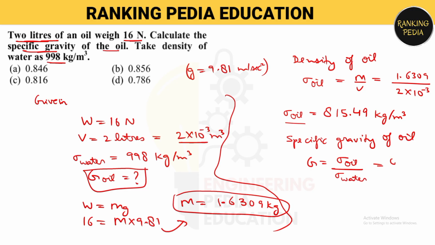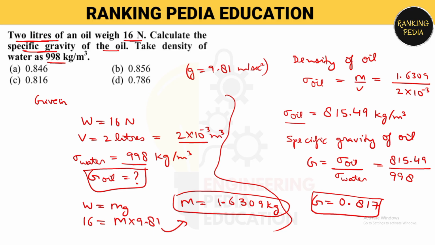Density of oil is 815.49 kilogram per meter cube, divided by the density of water, which is 998 kilogram per meter cube, and the units cancel out. So G after calculating, 815.49 divided by 998, you will get approximately 0.817. This is the final value of specific gravity of oil.